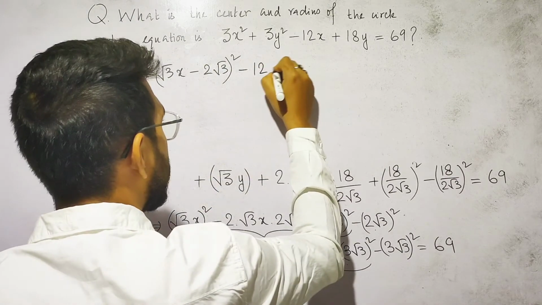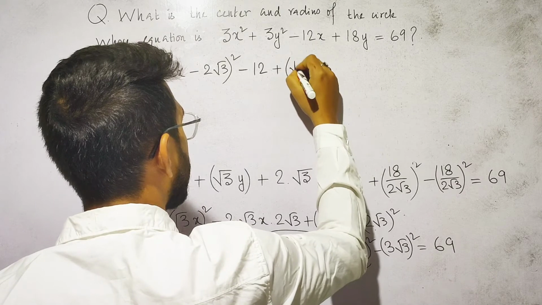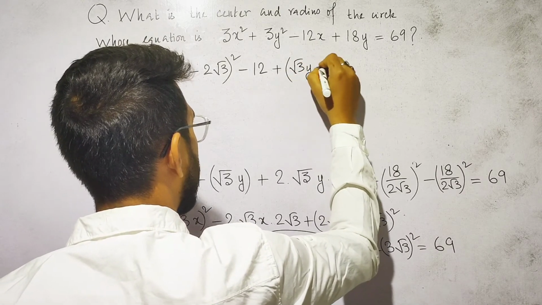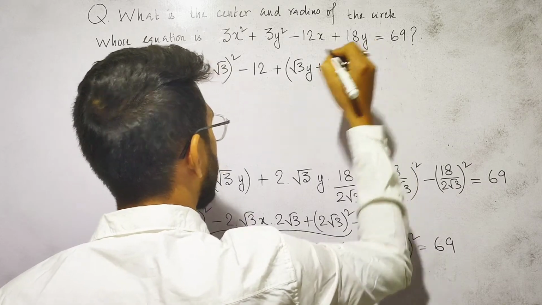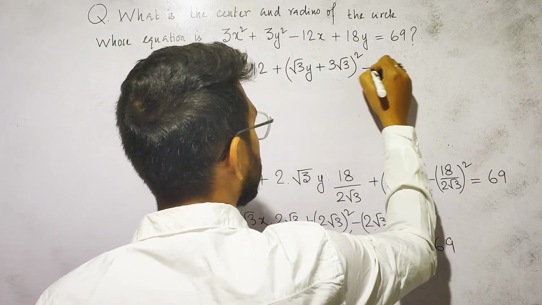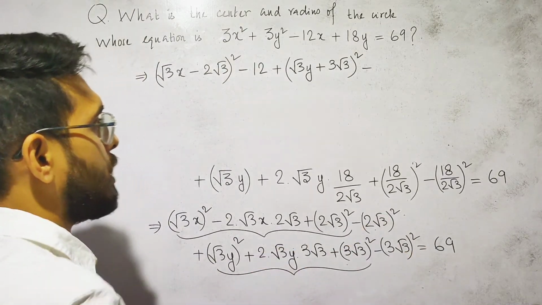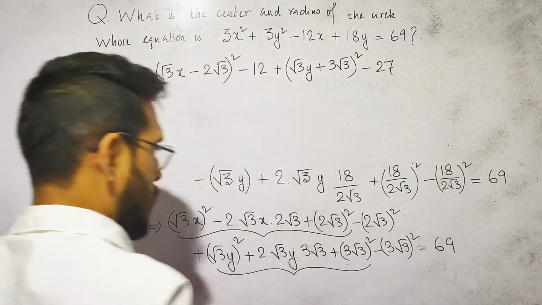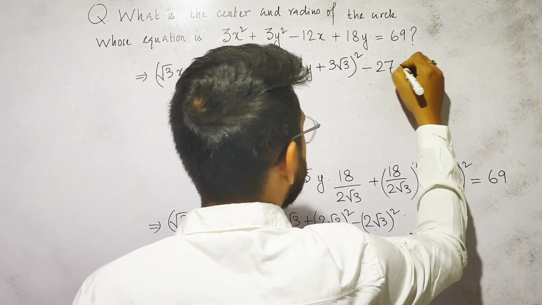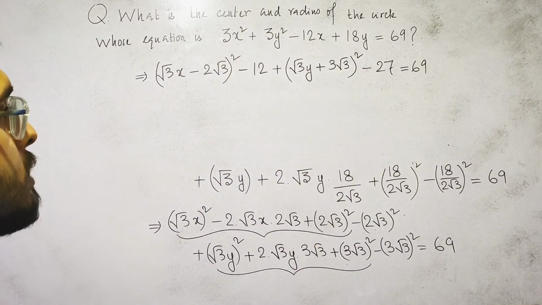Again, for the next one, plus this again becomes root 3y, which was a, plus 3 root 3 whole square minus, now what is 3 root 3 whole square? 3 square is 9, root 3 square is 3, so 27, and that equals 69.